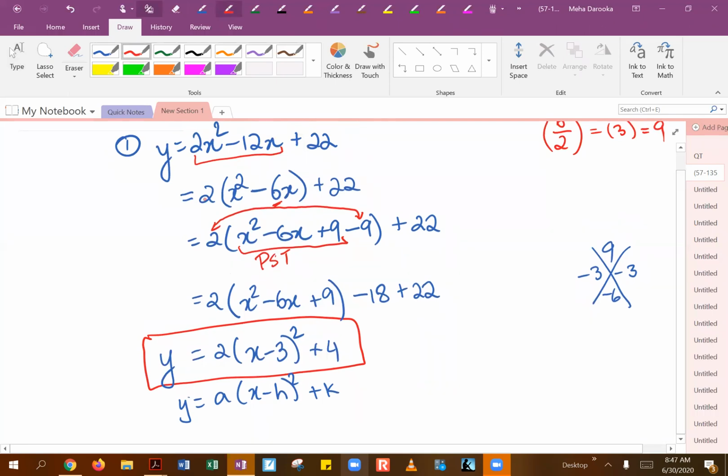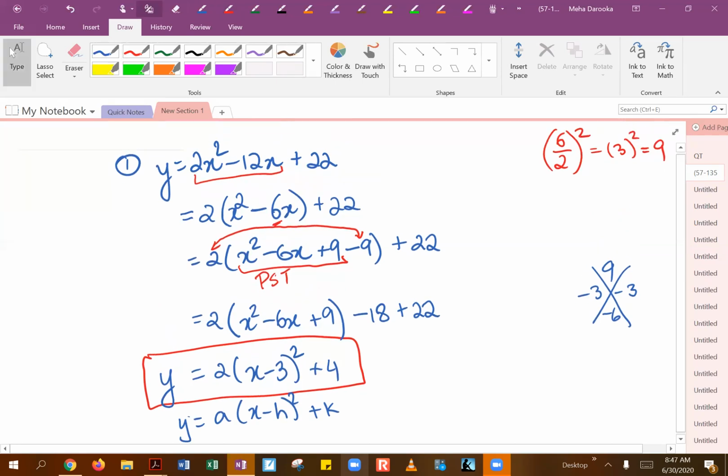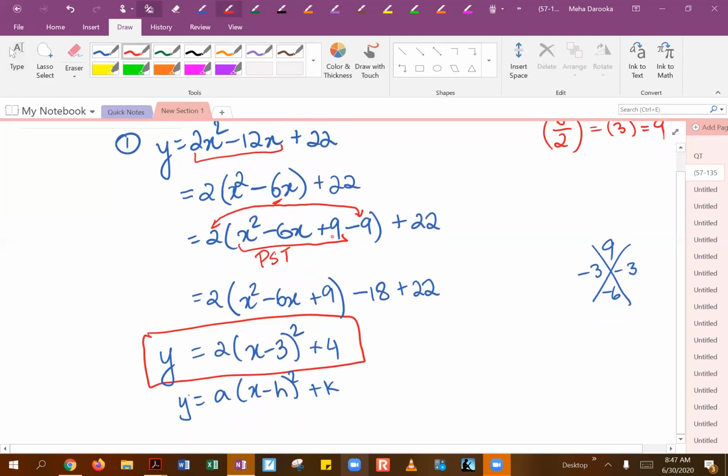Factor out that 2 in the front from the 2x squared minus 12x term. We're left with x squared minus 6x inside the parentheses. You take that middle term coefficient, which is the 6. 6 divided by 2 gives us 3. 3 squared gives us 9. And then inside the parentheses, we're adding and subtracting 9.